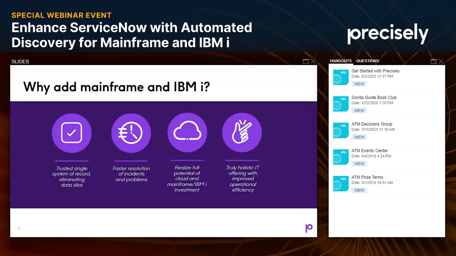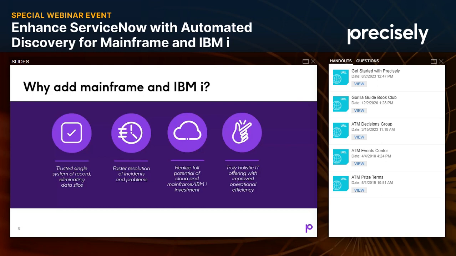It's important to add your mainframe and your IBM i systems and all the components of those systems and the applications running on those systems for a couple of different reasons. Again, I talked multiple times about a single system of record being critical. Well, without these systems, you don't have a single system of record. You've got fundamentally data silos.